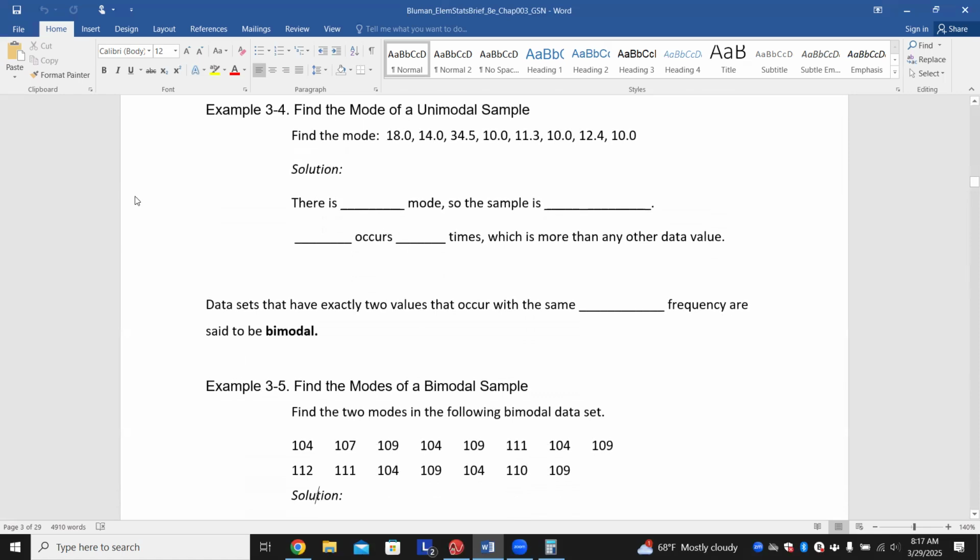So in example 4, it says find the mode of a unimodal sample. A lot of times people put this from least to greatest, and I think that's what I'm going to do to help us out.